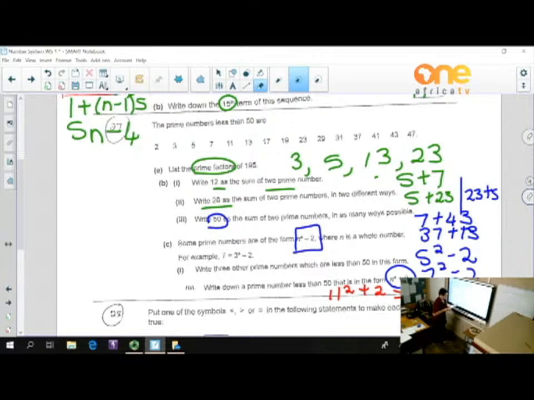Write down a prime number less than 50 that is in this form. So you'll have to error and trial until you can find one there.